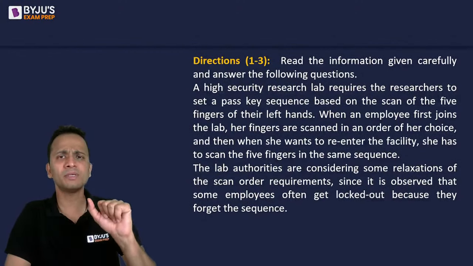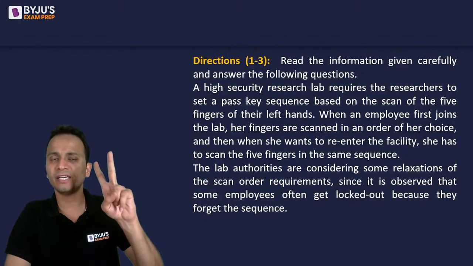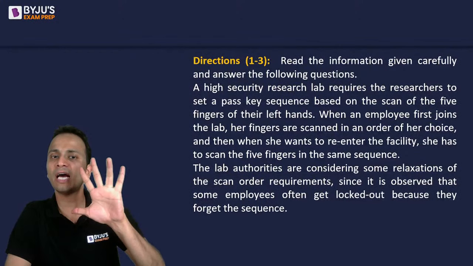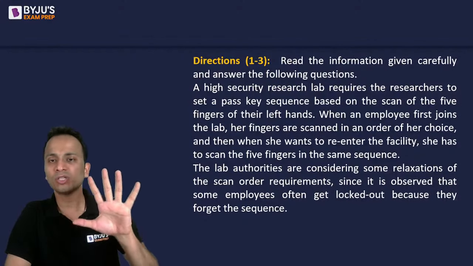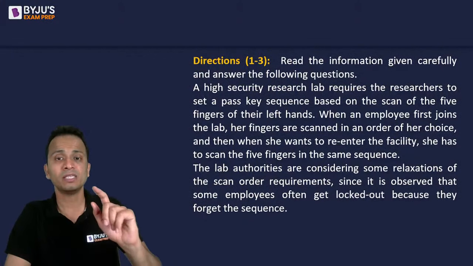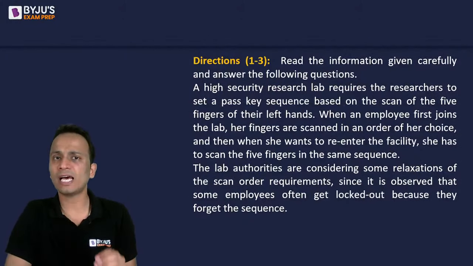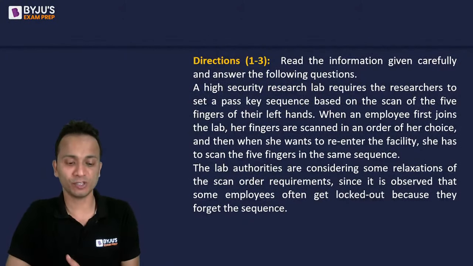So let's say if I'm a new joinee, I want this finger first, then second, then third, then fourth, and then fifth. So the sequence in which I'll scan in my first go will become my password, you can say.